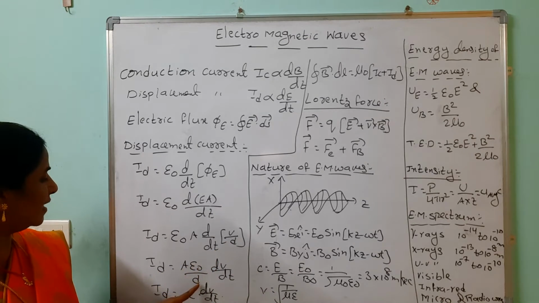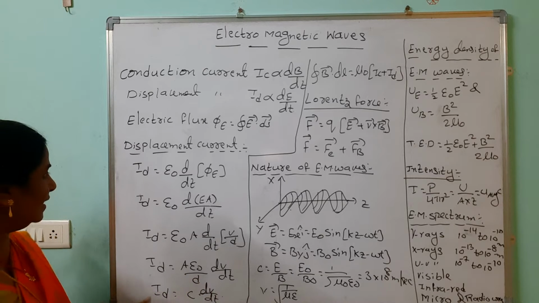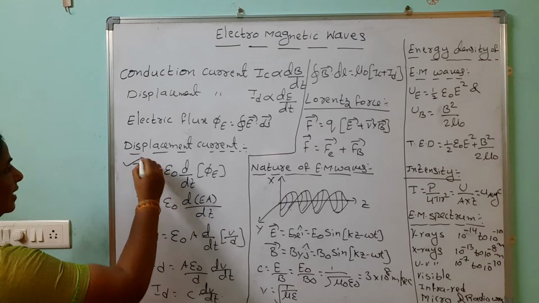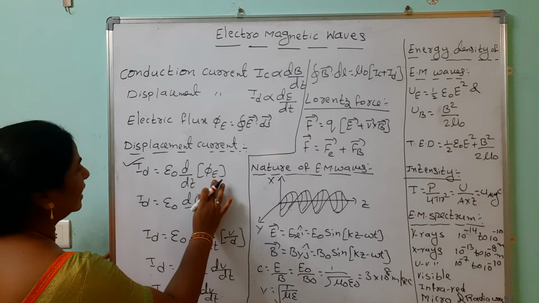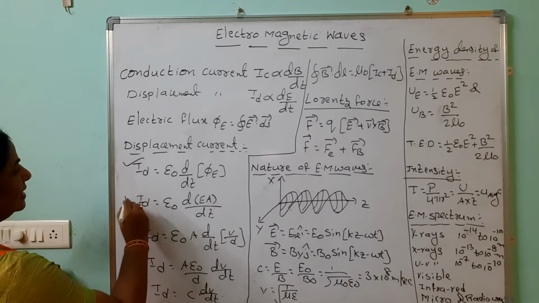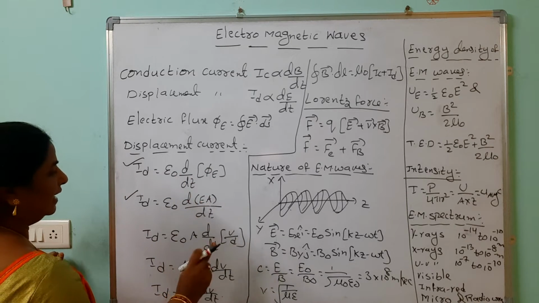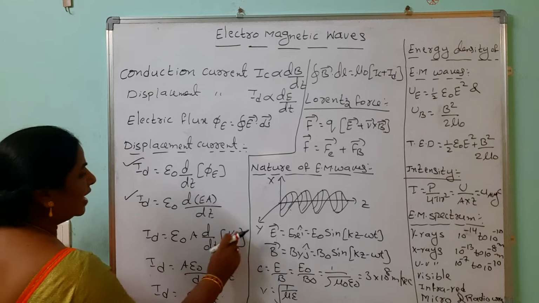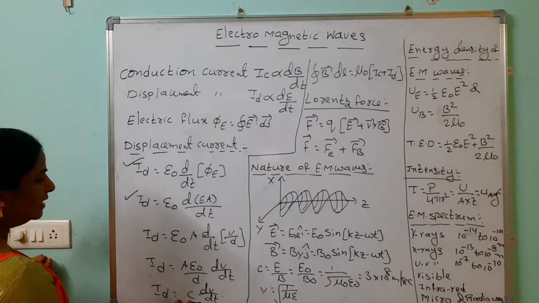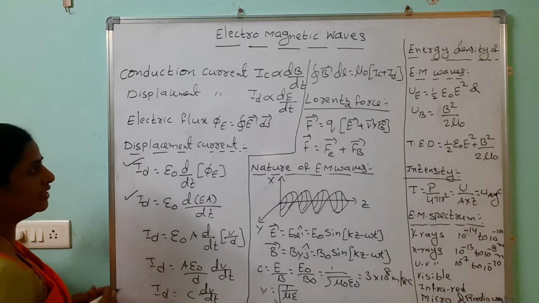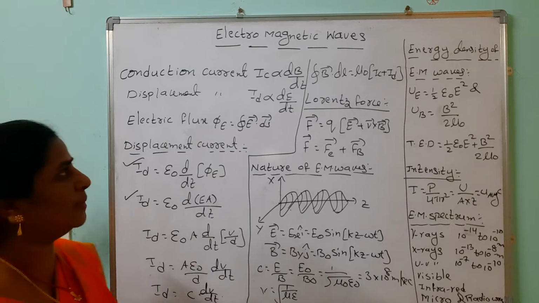So A into epsilon naught by d is the capacitance, into dV by dt. See, this is the formula for displacement current in terms of electric flux and epsilon naught. This is in terms of intensity and area. This is in terms of area, potential and distance. And this is in terms of capacitance and the rate of change of potential, giving the displacement current.